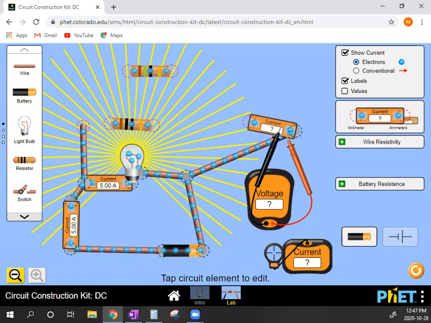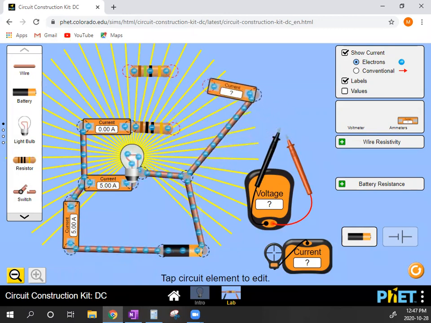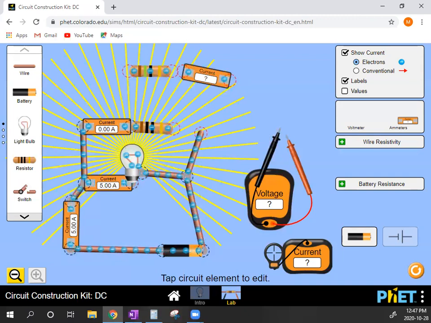Let me get another meter in here to measure current. And what I'll do is I'll put it right there. And then I will break this wire here. Put another wire here. All right, so now that's my 10 ohm resistor.